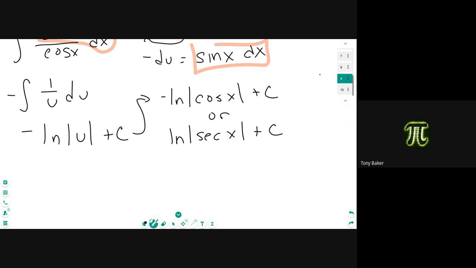Remember, we can pull exponents out for a log, which also means I could put exponents back in. So that negative sign moved up here as a -1. Cosine of the negative first power is secant of x. It's 1 over cosine.